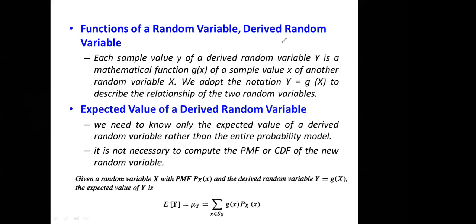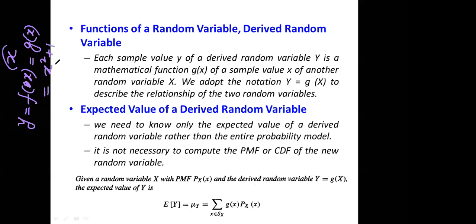So the thing is, remember one thing, function of a random variable. X is a random variable, we know. Now, if I'm telling that Y is another random variable, which is a function of random variable X, or we can say G of X, and that can be, say for example, X square plus 1.